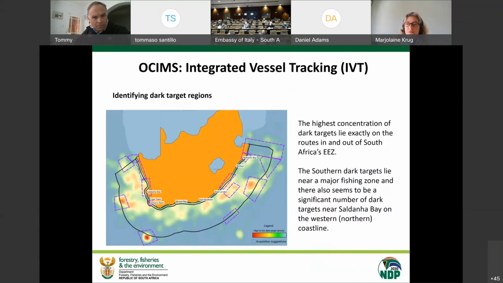And you can see that there is a large concentration of these dark targets right at the edge of our economic exclusive zones, as well as near some of the marine protected areas, for example, near Saldanha Bay on the western coastline of South Africa. So this is good for us to have a more targeted response and to understand the strategic response needed in certain areas around the coastline.